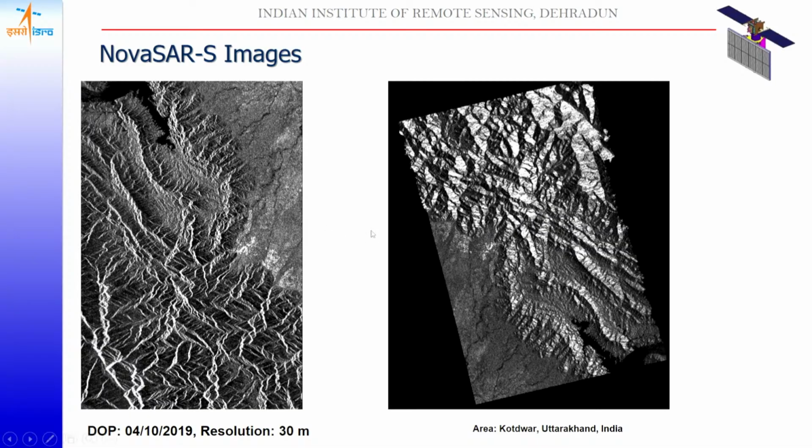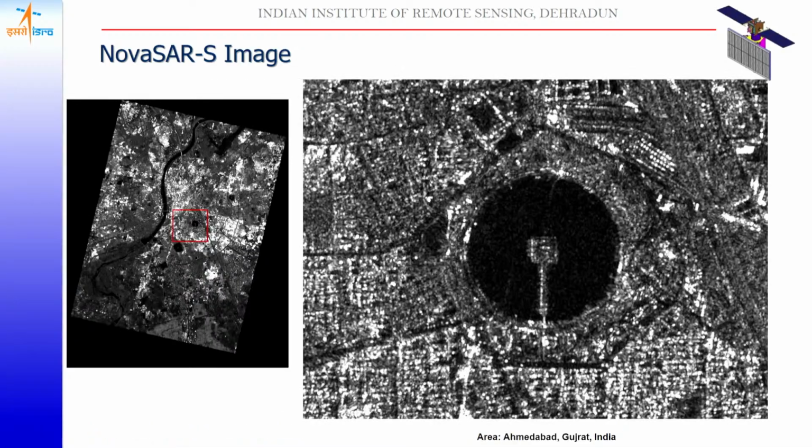Different products can also be generated with the help of SAR if you know the algorithms and physics behind it. This is another image of the NOAA SAR of the Ahmedabad area. You can see this is a 3 meter resolution, and this is Ahmedabad in Gujarat, India, and this is the lake. It gives a specular reflection and appears black in the SAR image. This is called the Kankaria Lake in Ahmedabad.